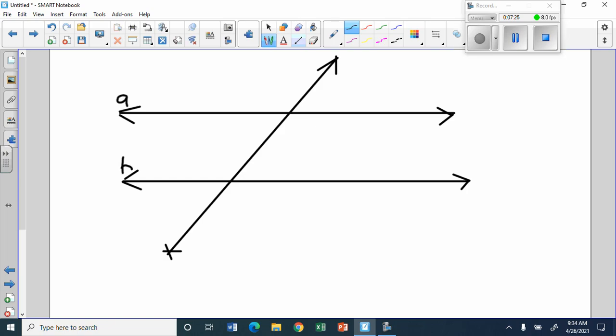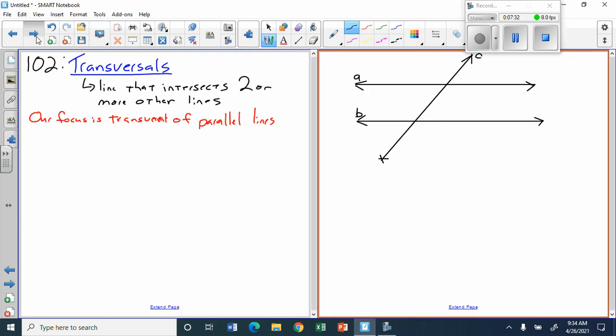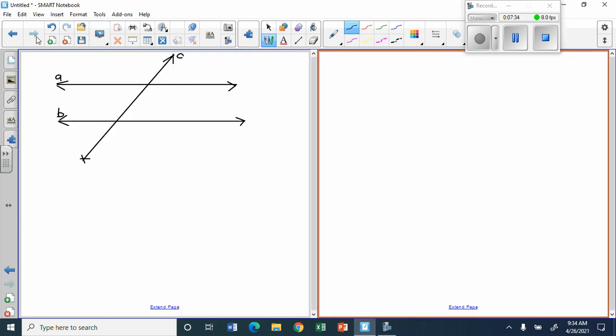A, B, C. So now from that little image right there, we know a couple things. I know that A is parallel to B. C is a transversal. How many angles are created when we do this?